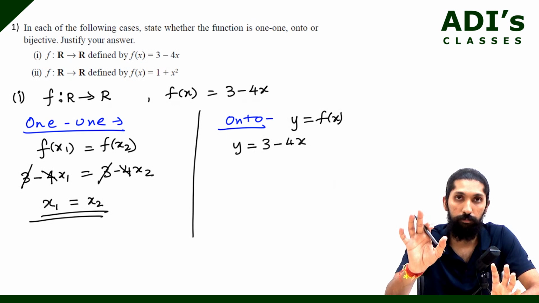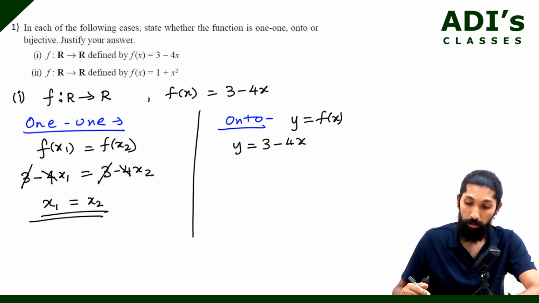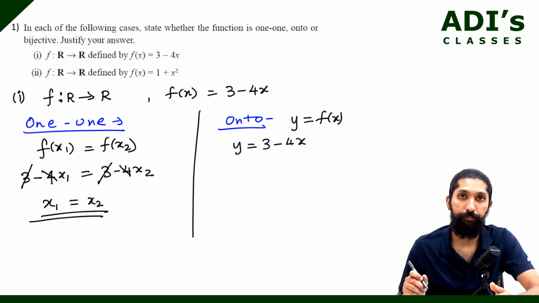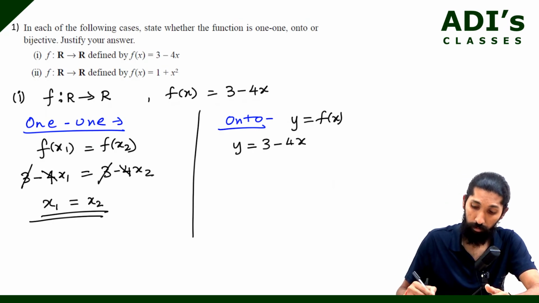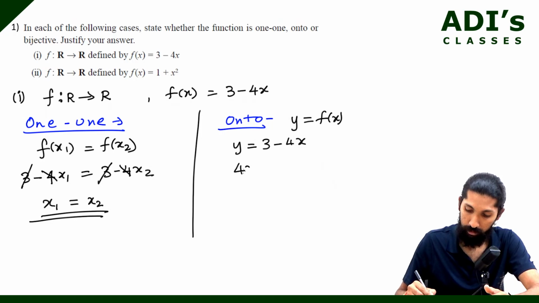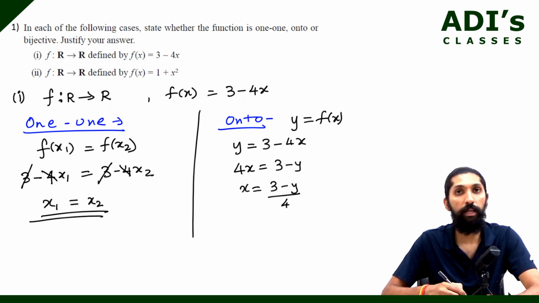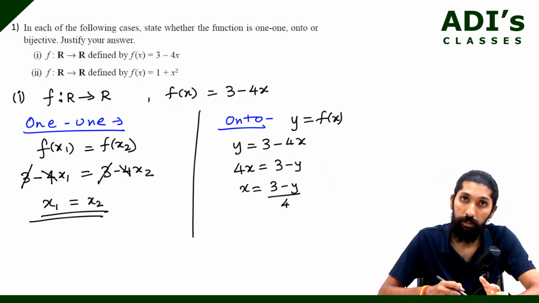So we'll make x the subject of the formula. 4x is equal to 3 minus y, so x is equal to 3 minus y divided by 4.